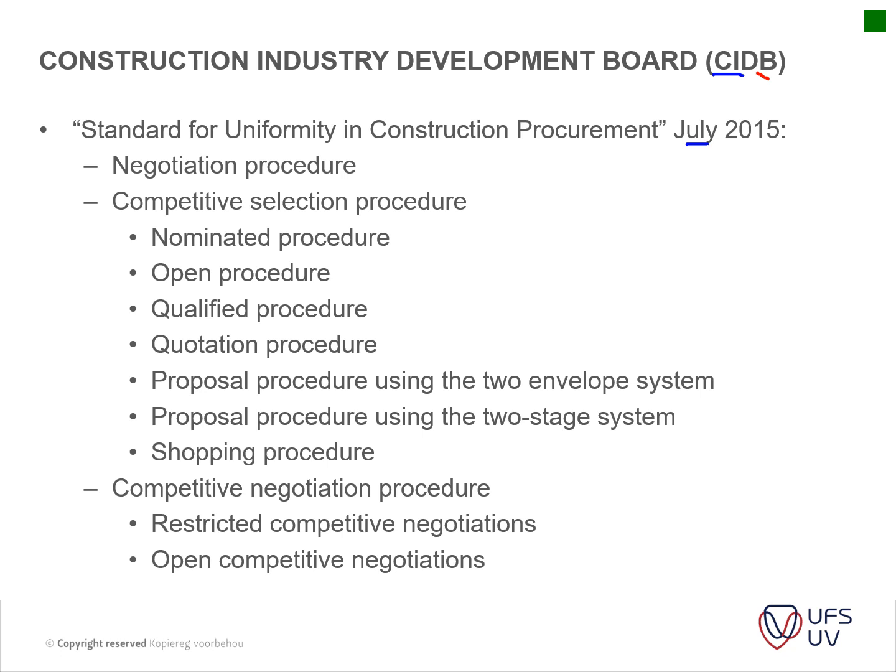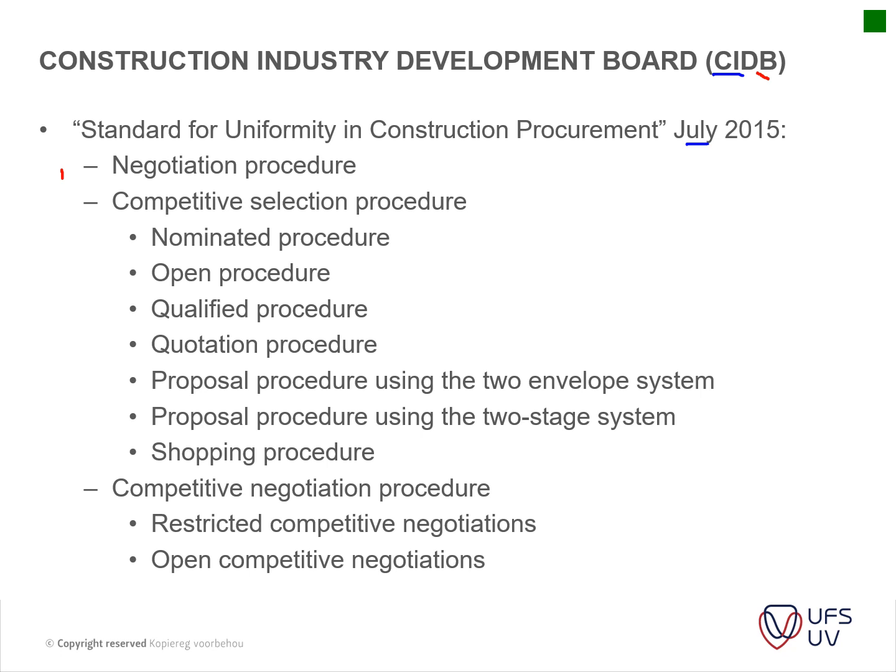So if he's a GB contractor, he can do building work. If he's a 1 GB, he will not be able to do work for over 2 million rand, etc. But the Construction Industry Development Board actually gives nice guidelines on how your procurement documentation should look.